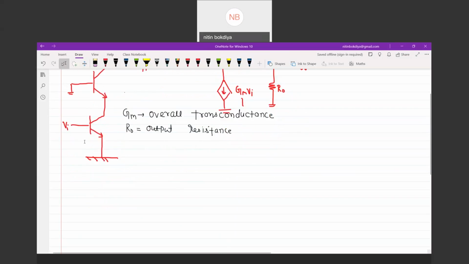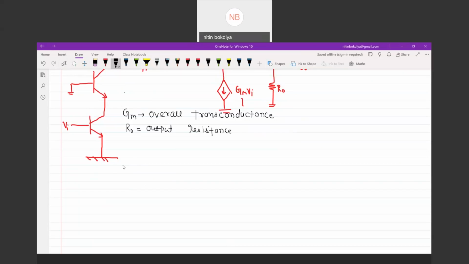So first I take the common emitter amplifier.